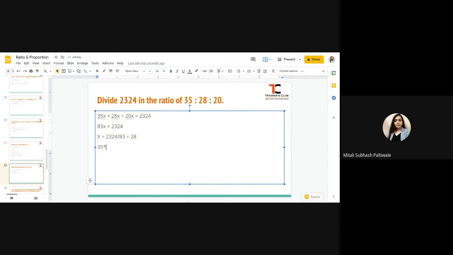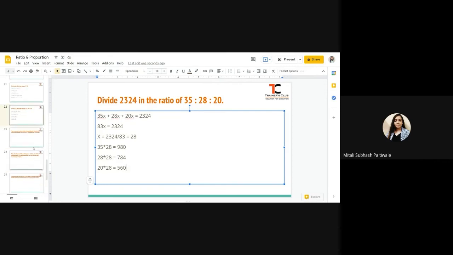So 35 into 28 is equal to 980. 28 into 28 is equal to 784 because it's the square of 28, and 20 into 28 is equal to 560. So 980 plus 784 plus 560 will give me answer as 2324. That's it. So we have found all the parts of it. Okay, so this is your first part, this is second part, and this is third part.